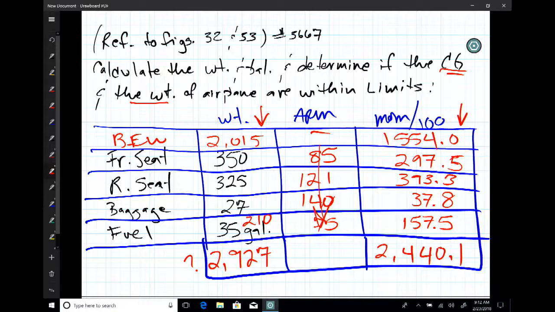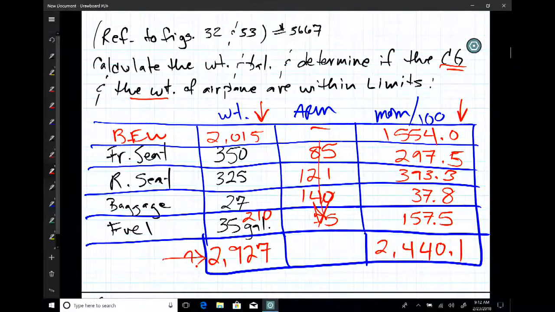So what we have to do is take a look here at this weight, 2,927, and see, does that moment there make sense? Okay? So with that, we're going to take a look. Now remember how we do these problems here. What we have to do is take the total moment, and you use the big numbers there.